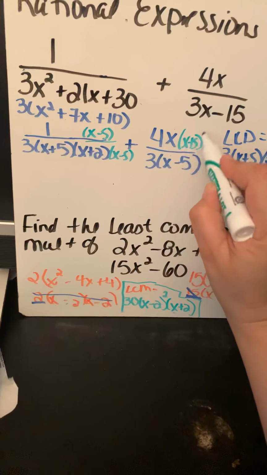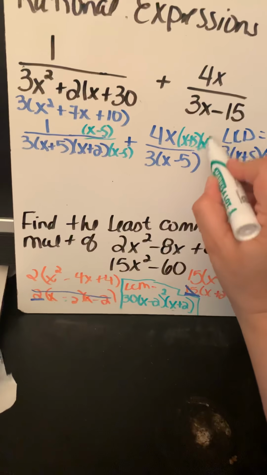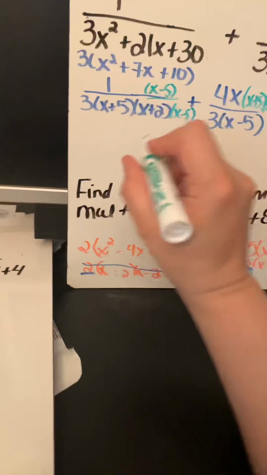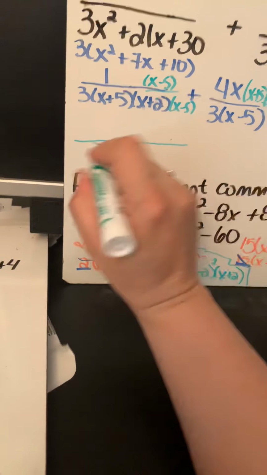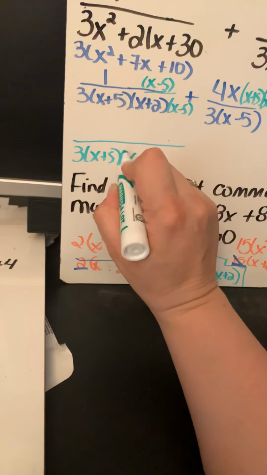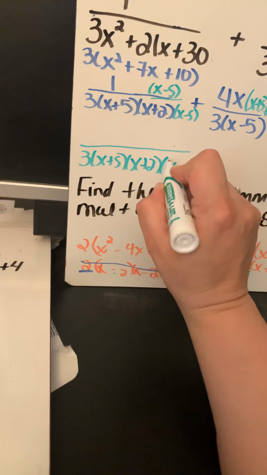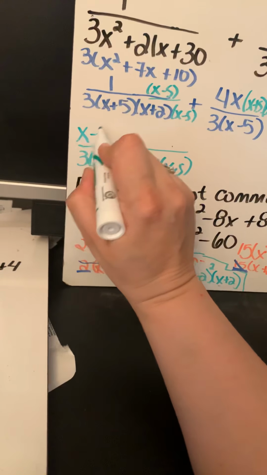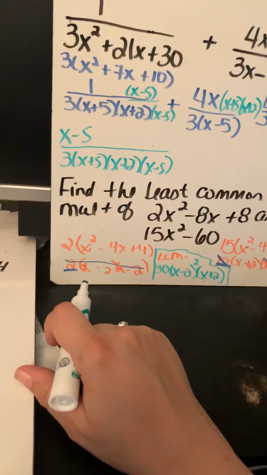The x plus 5 and the x plus 2. Simplify this. So all of this is going to be sitting over my LCD: the 3, x plus 5, x plus 2, x minus 5. Take that times 1. So I've got my x minus 5 on top for that one.